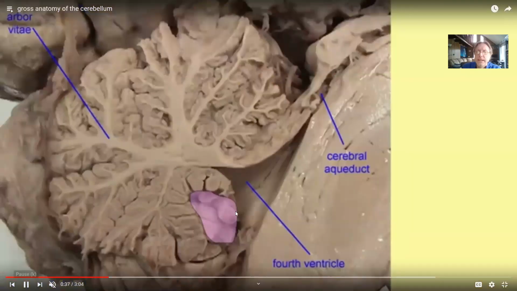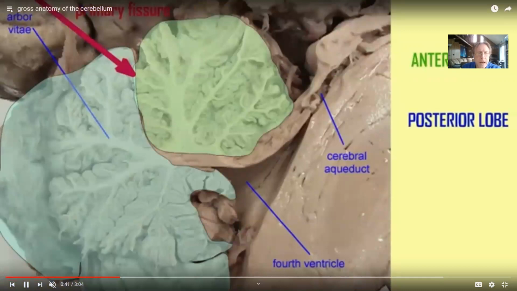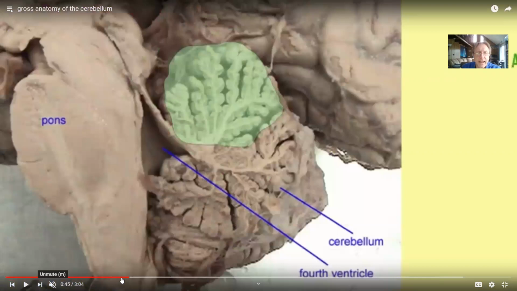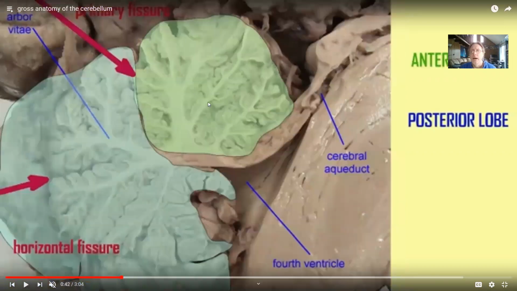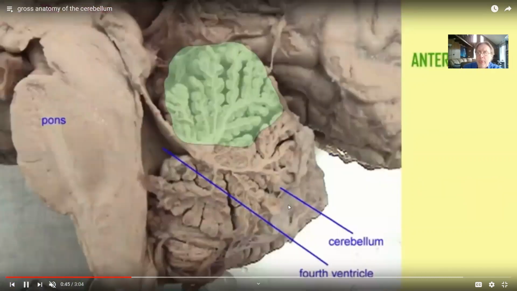There is also another very small lobe called the flocculonodular lobe. And so we have multiple lobes. There is the anterior lobe, the posterior lobe, which is the largest, and then a small flocculonodular lobe. These are paired.